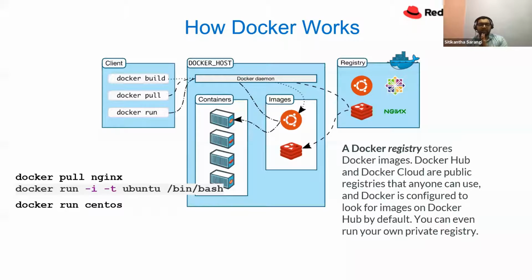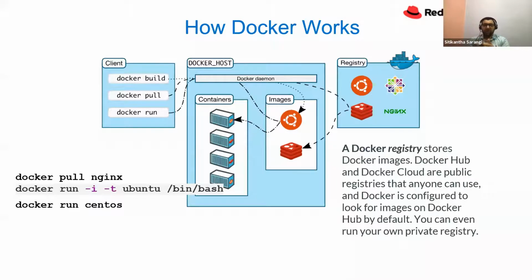So these instructions you are seeing, docker pull nginx, docker run, are Docker commands, and after you are able to pull the image, you will be able to run it in your local environment as well if you have a Docker engine installed, right?